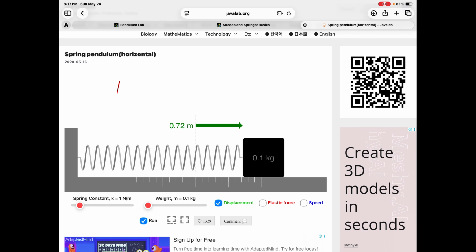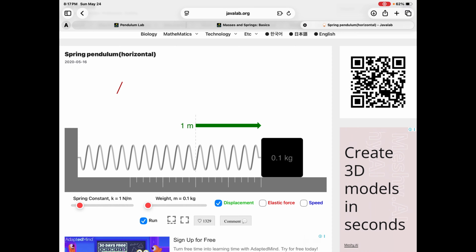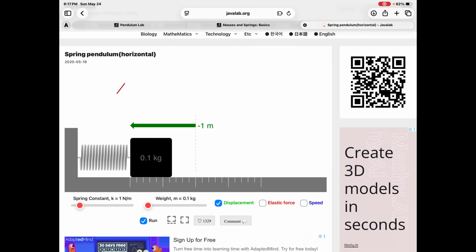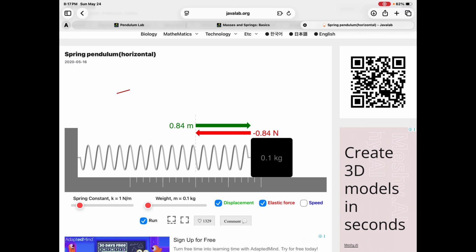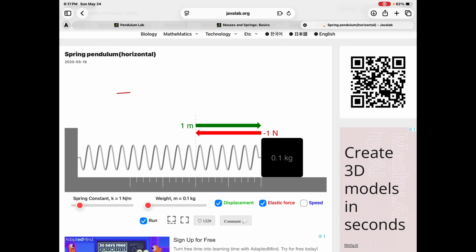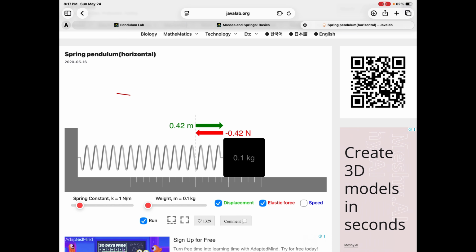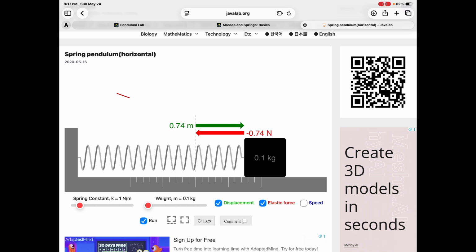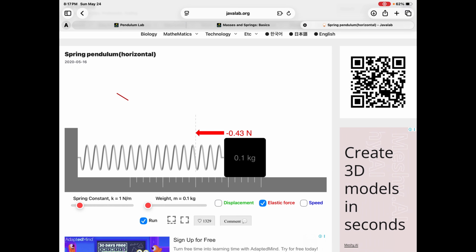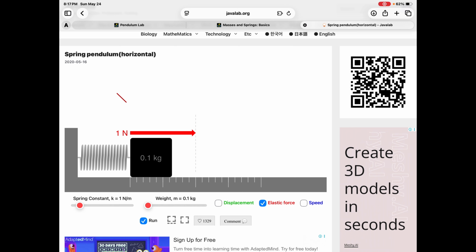If we push the block to a certain amplitude and we leave it, the restoring force of the spring is always opposite to the displacement, and here is the restorative force. As you can see, when the displacement is outward, the restorative force is inward. When the displacement is inward, the restorative force is outward.